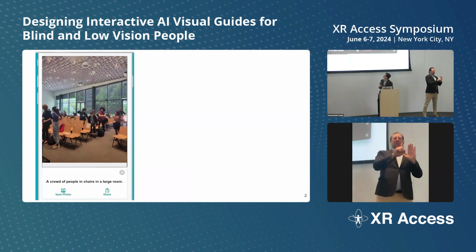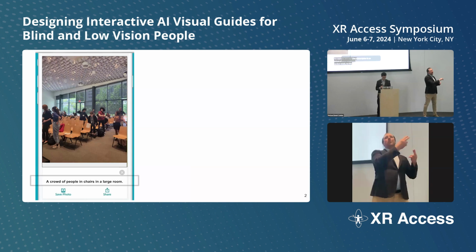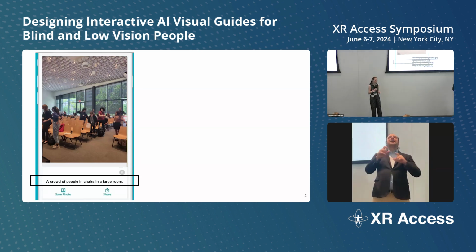Okay. So for example, let's say that I took a picture of some completely random, totally not this, conference room and uploaded it to a scene description application. I might receive some kind of description like a crowd of people in chairs facing a stage. Now, this description provides me with some basic visual information about the room that I'm standing in.